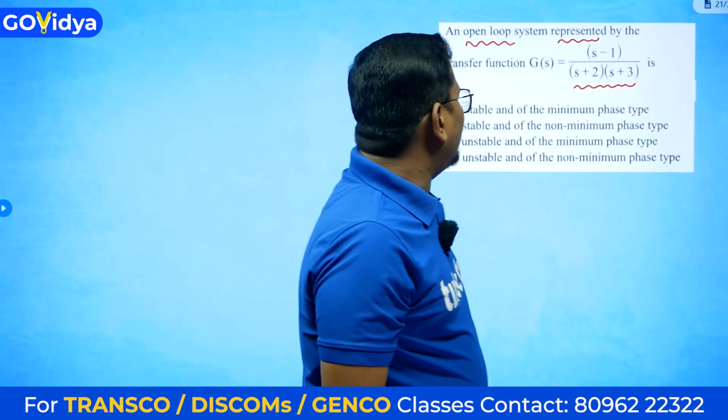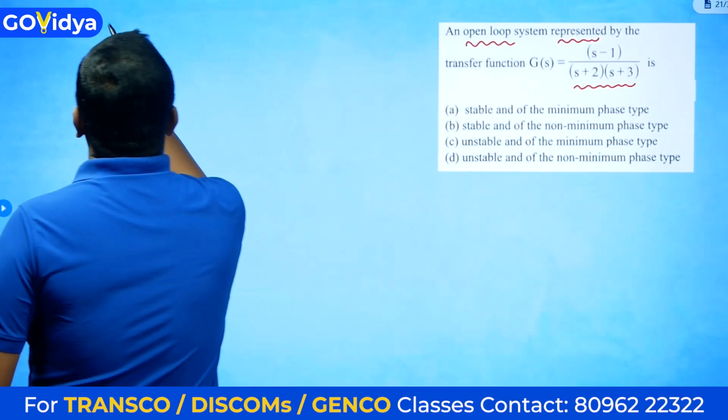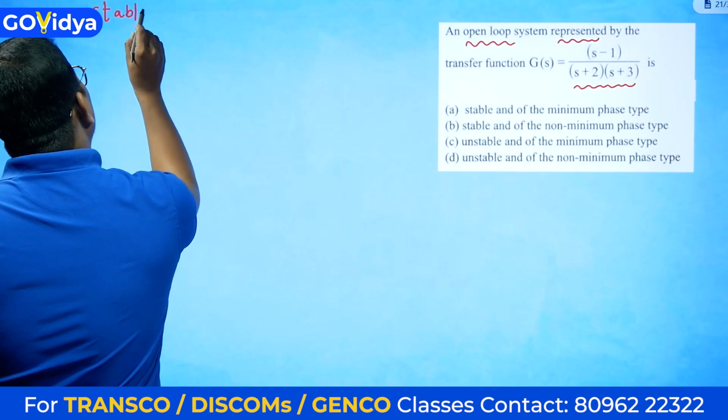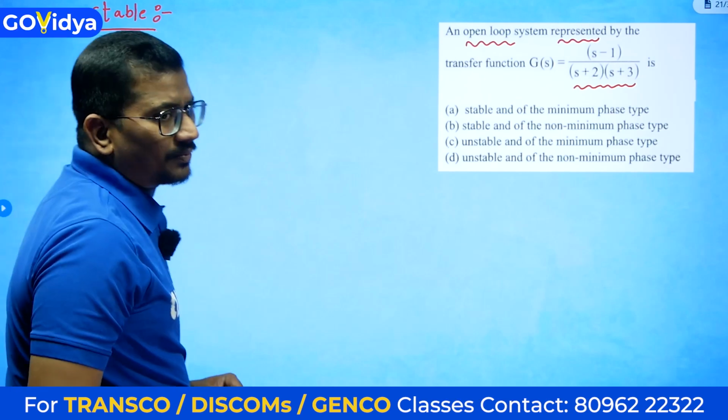So first of all, what is meant by stable and unstable? First let us see the condition for stable. How can you say whether the given system is stable or not?